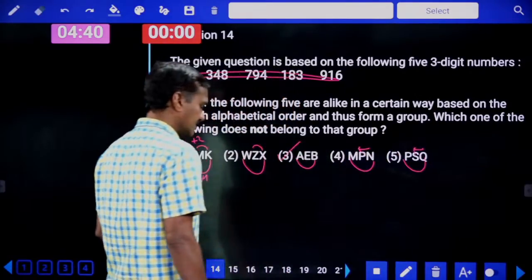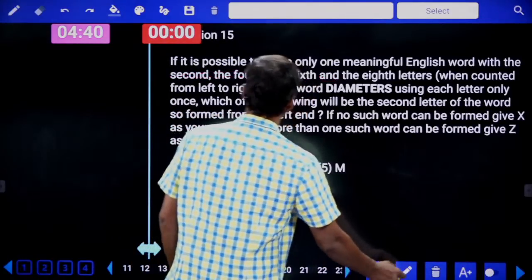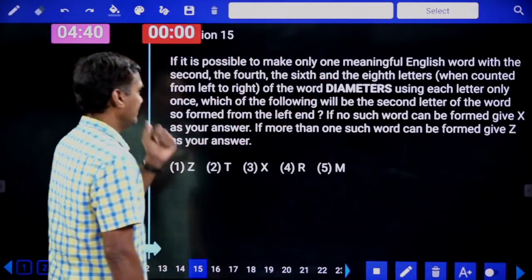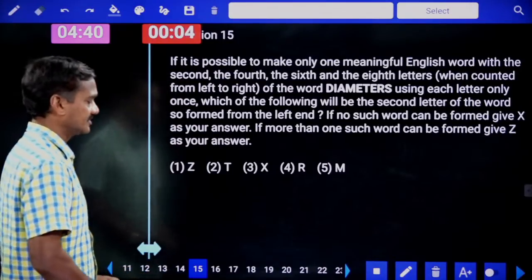Hence choice 3 is also question number 14. Then coming to question number 15. 15th one, it is a word formation.